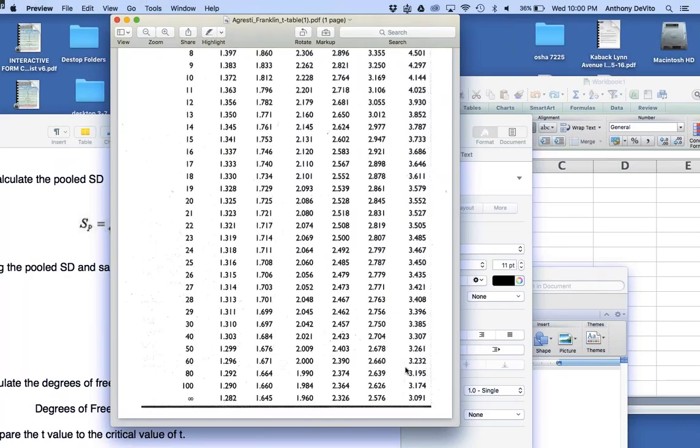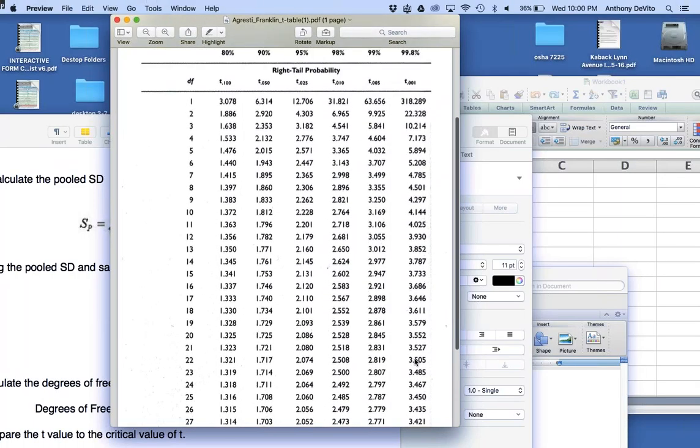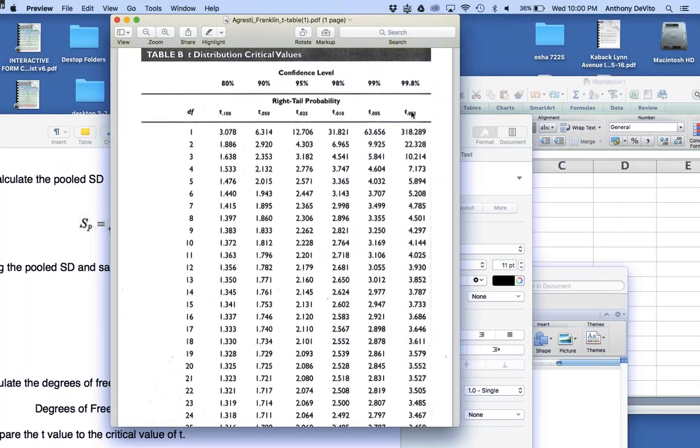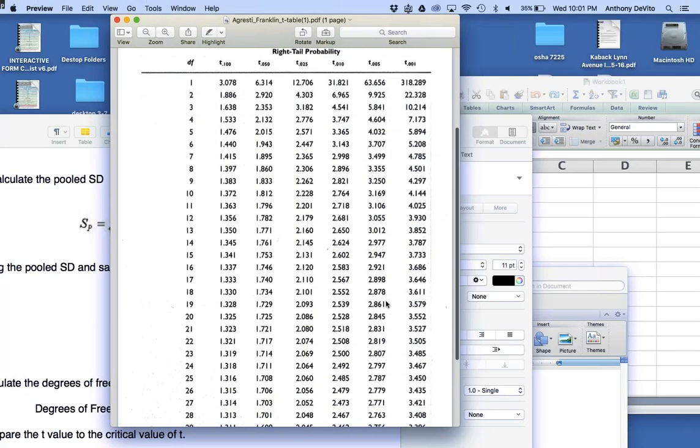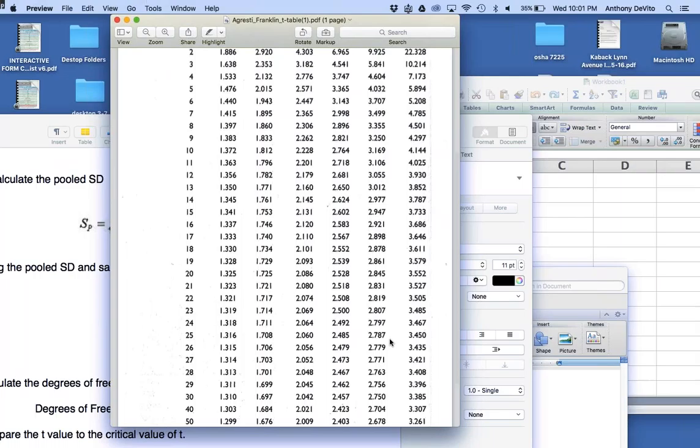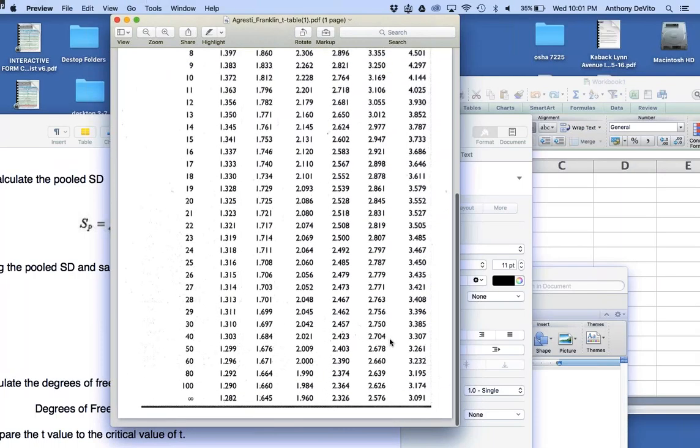It's still smaller than this number, so we could have rejected the null hypothesis even at a confidence level of 99.8%, or an alpha of 0.002. Really small alpha. We could see which one it's between to get an idea of where the p-value is, where the probability of being wrong is, or what the areas in the tails are, how far apart those means are. We could game it a little bit, but we never get an exact number from this.